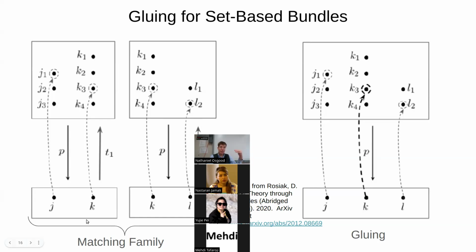Finish the thought. Having it for JK and narrowing it to K. If we have that, we have what's called a matching family, and we can glue them together, right? Because they match over K. This has J, it has K, and K's value is the same. And this has L here.